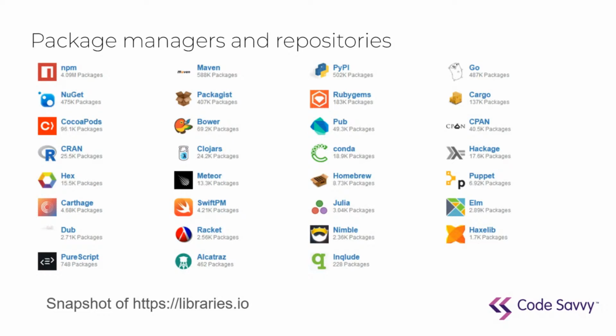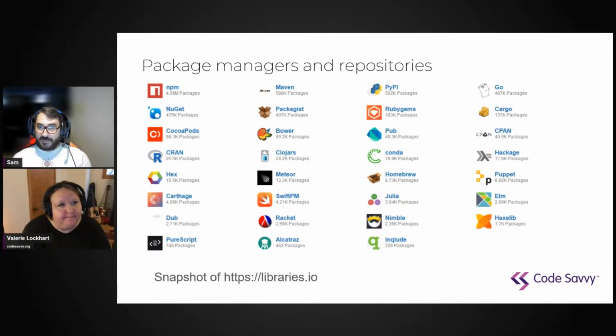And the more dependencies you have, the better of an idea it is to use one of these package managers, just because it helps define all your packages in one place. You know what version you're using. Package managers also can tell you when there's an update to your version or if there's a security vulnerability.